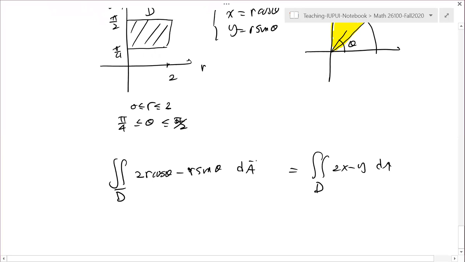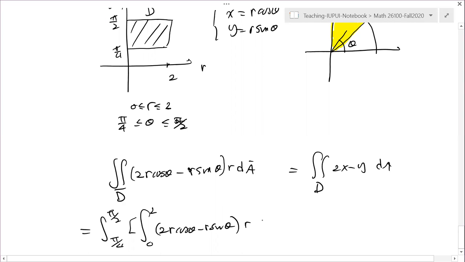Since D bar is a rectangle, it doesn't matter which one is first. Don't forget there's an r here, this comes from the derivative. That is r from 0 to 2, of 2r cosine theta minus r sine theta.